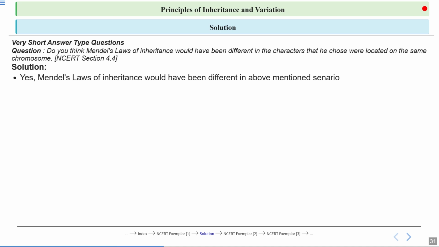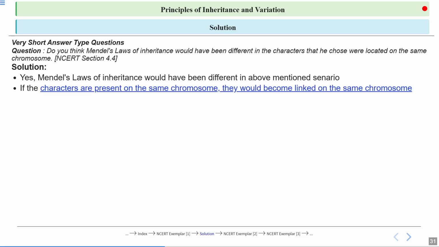Yes, Mendel's law of inheritance would have been different in the above mentioned scenario. If the genes are located on the same chromosome, then Mendel would not have got the results. He would not have got the 3:1 ratio in the monohybrid cross and the 9:3:3:1 ratio in the dihybrid cross.